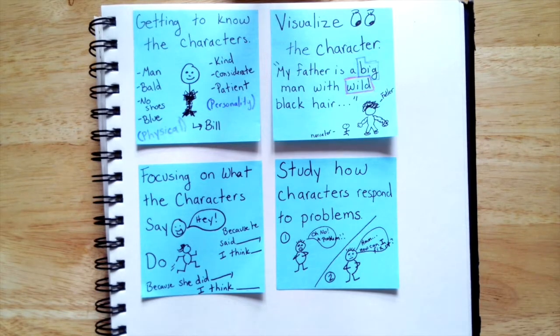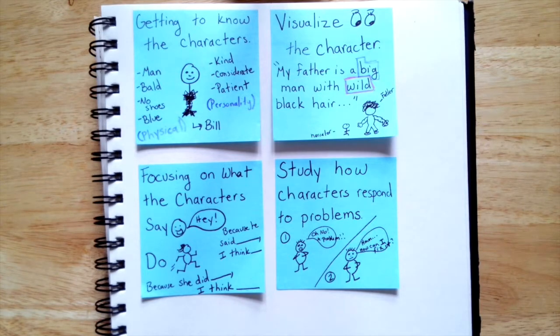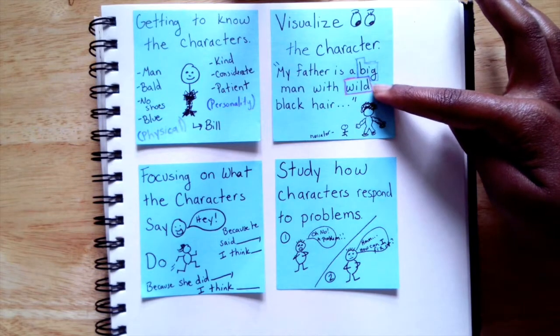As we are reading, we could also visualize the character. That means as we are reading, we could make a mental image of what the character looks like. For example, from the book The Stories Julian Tells, the author describes the father as being big and wild, with wild hair.